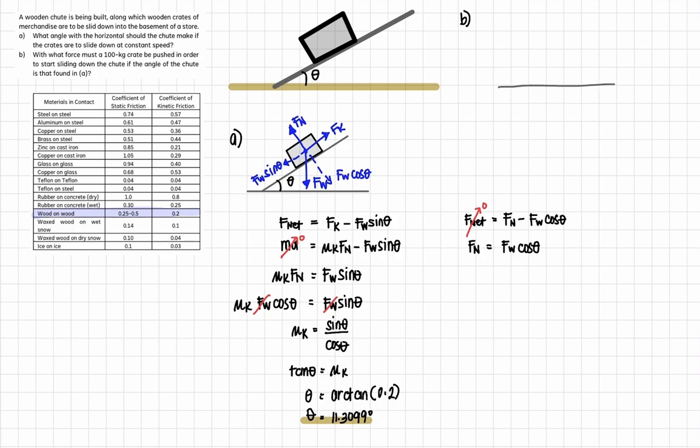So if this is our plane, this is our chute, then this is our crate here, and the crate is 100 kilograms, directed downward. So there is a static friction which must be overcome.